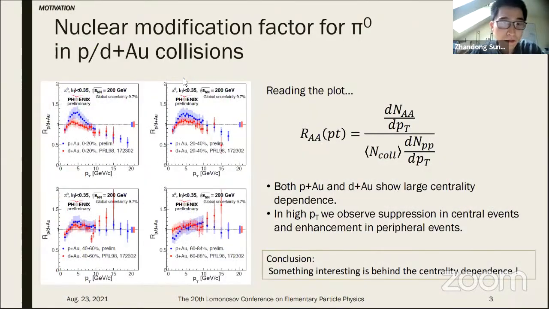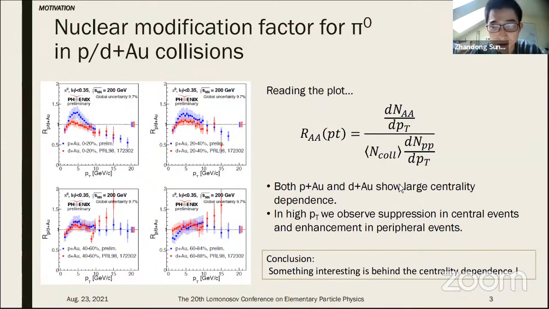First of all, this is a plot of the published result and the preliminary result of the nuclear modification factor for pi0 in proton-gold and deuterium-gold collisions. And we observed something interesting.